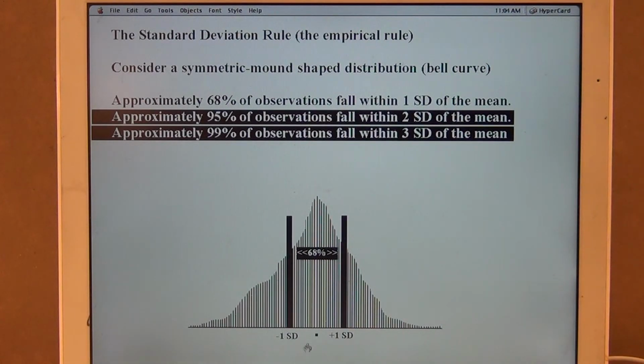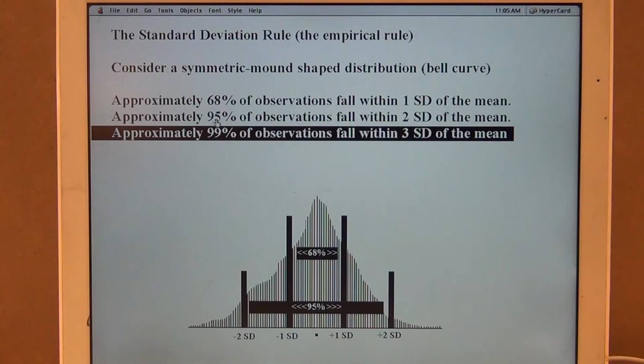Here would be the mean right here, and this would be plus 1 standard deviation unit, and this would be minus 1 standard deviation. 95% of all of the observations will fall between plus 2 standard deviations and minus 2 standard deviations.